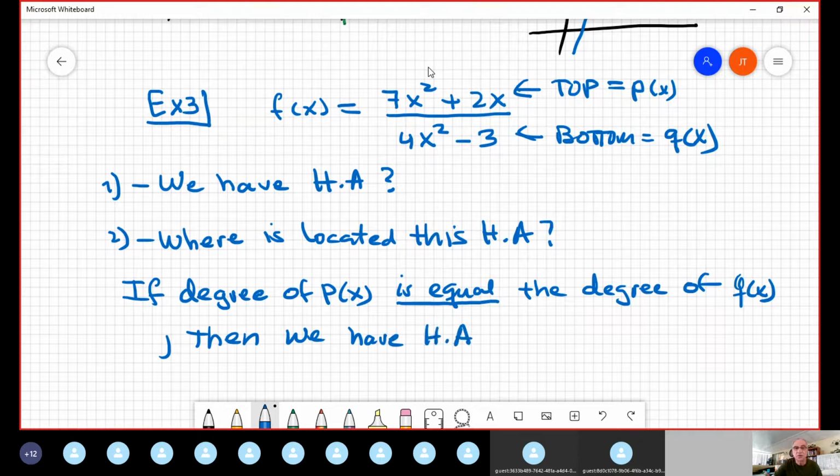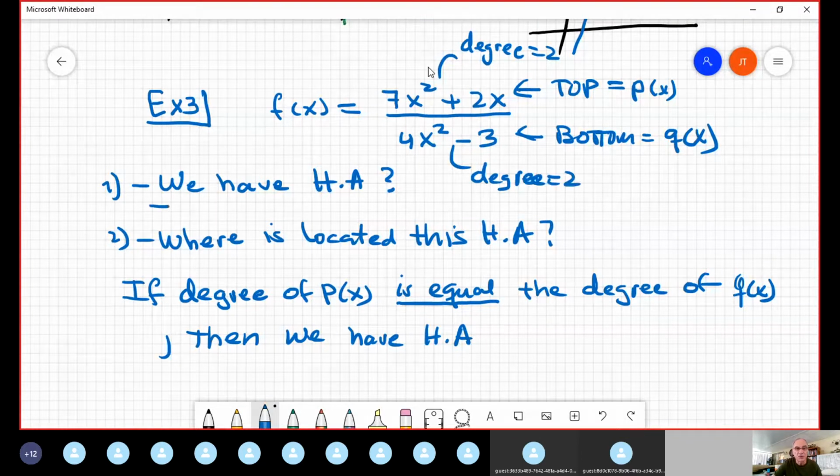In this case the degree is 2. The degree of this polynomial is 2 and the degree of this polynomial is 2. Same degree, yes, we have one. The answer to this question is yes.